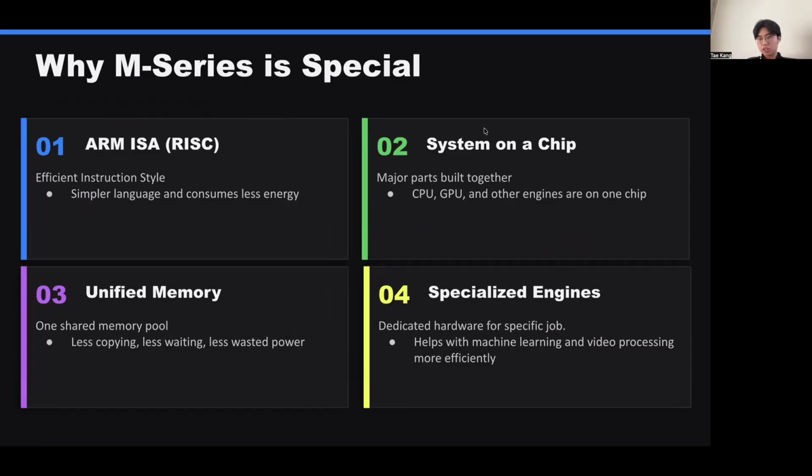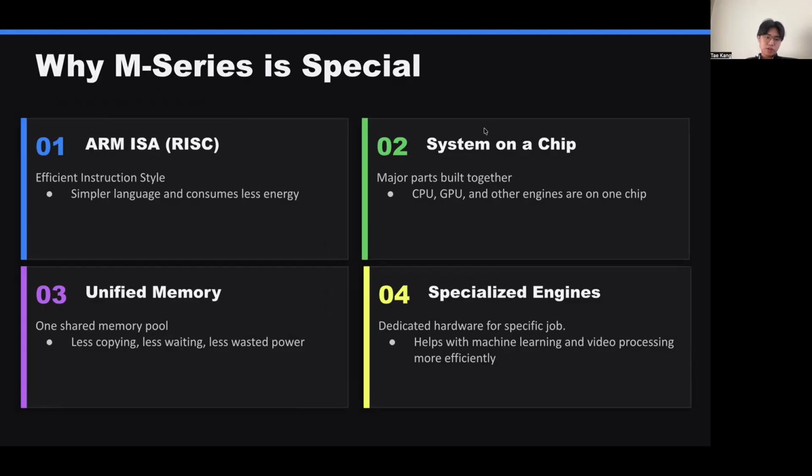Number two, system on chip, SoC. This is huge because the CPU, GPU, and other engines are on one chip, unlike the traditional x86, where the CPU, GPU, memory, and other parts are separate.